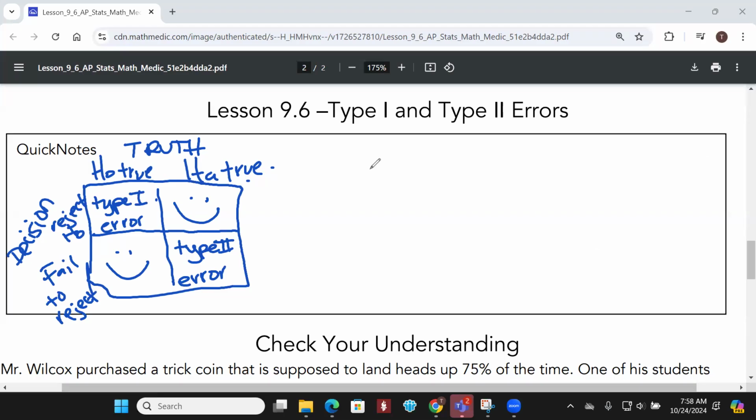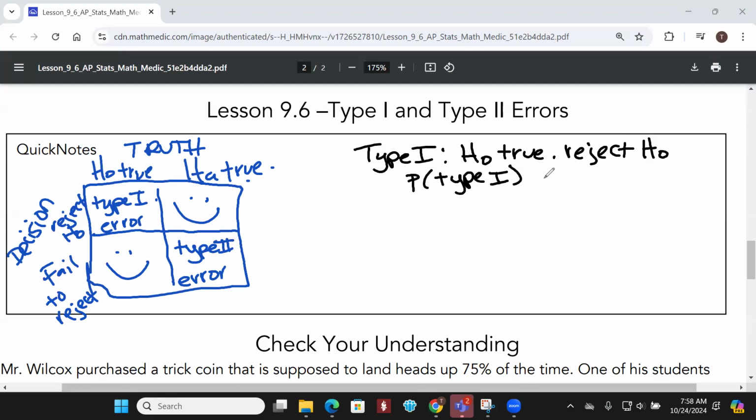So let's put this into words. Type 1. Null is true. Rejects null. Remember, the probability of a type 1 happening is whatever your alpha is. Okay.